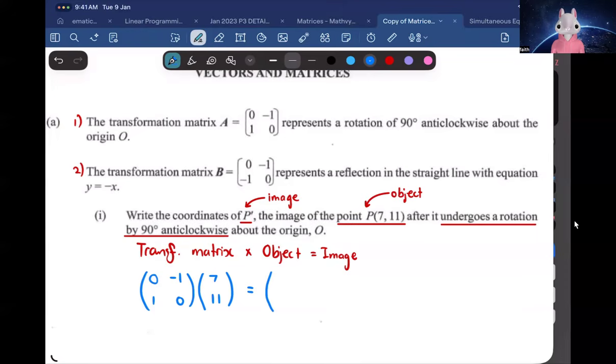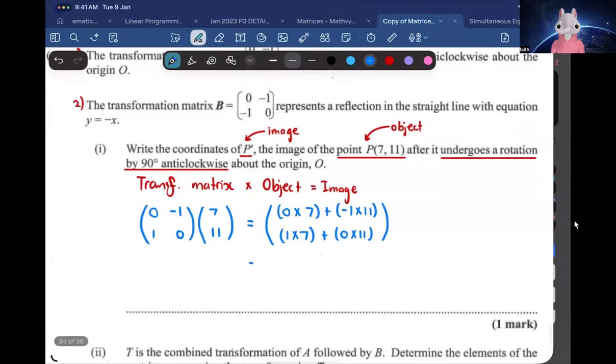How would I multiply? It'll be 0 times 7 plus -1 times 11. Then it'll be 1 by 7 plus 0 by 11.